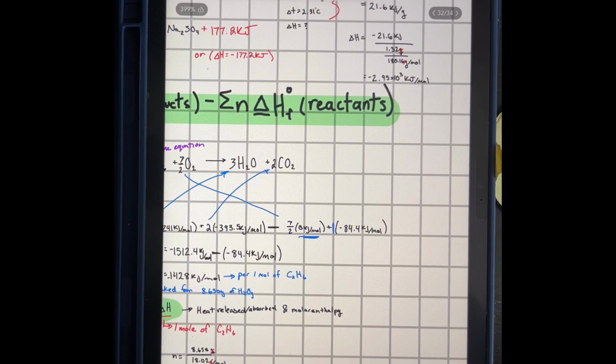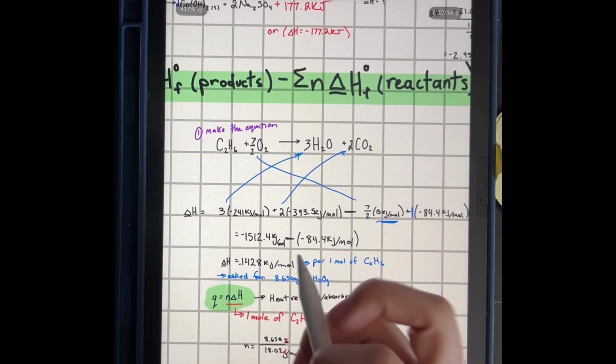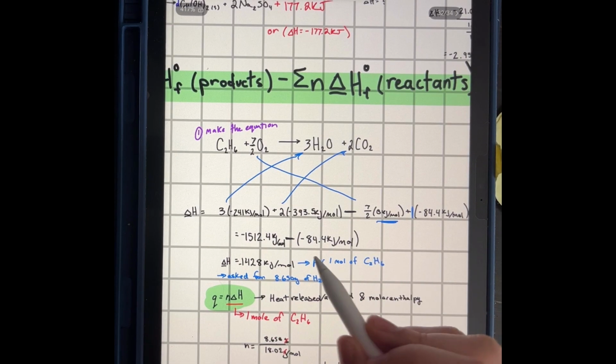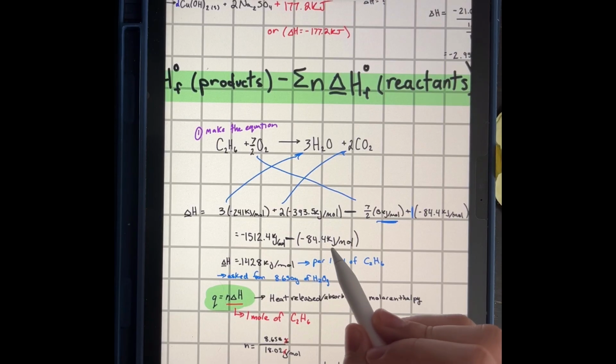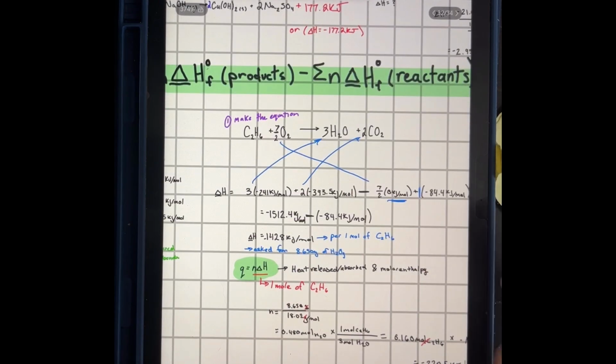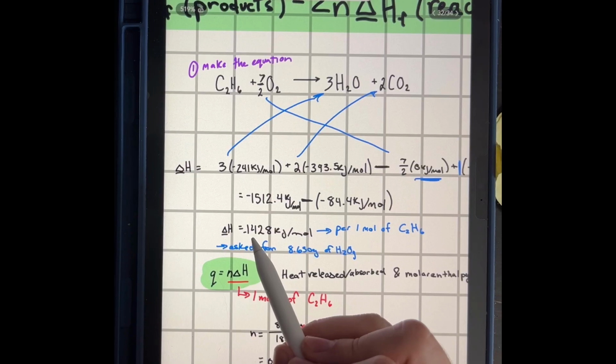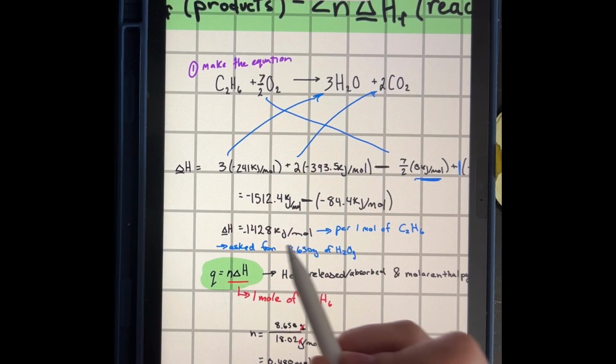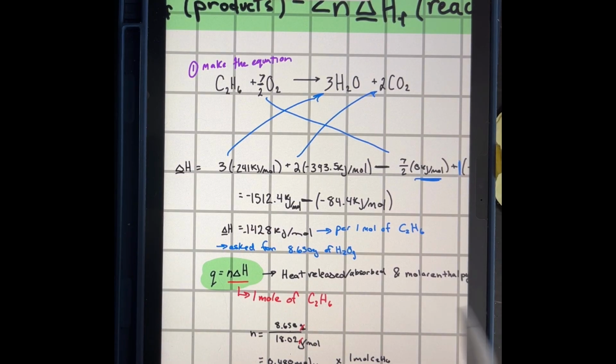So we have negative 1512.4 minus negative 84.4 kilojoules, and we're left with negative 1428 kilojoules per 1 mole of C2H6.